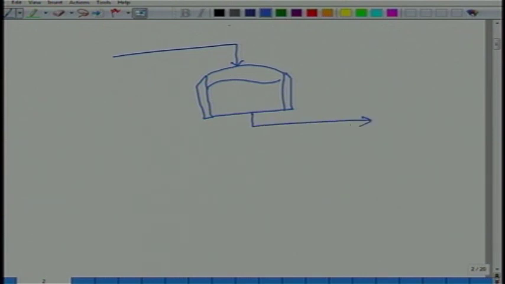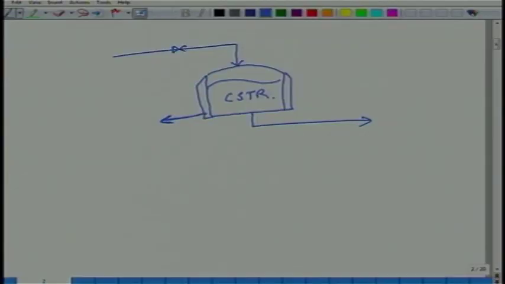Some reaction is going on inside and you are taking out the reaction heat by cooling in the jacket. So this stream, the jacket stream, denotes cooling. How many independent valves? 1, 2, 3.